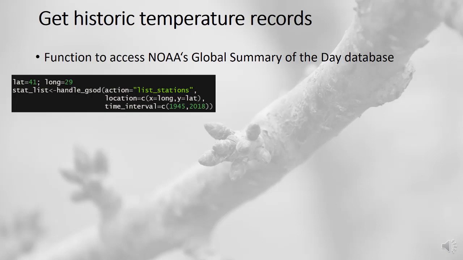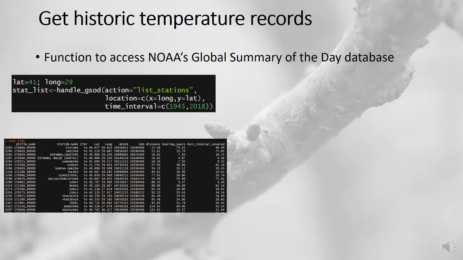You can access this database by using a simple, basically one-line command in R after you've installed the ChillR package, and this then gives you a list of weather stations that are close to the place that you're interested in.